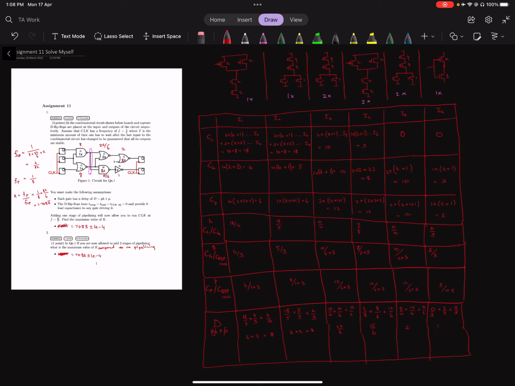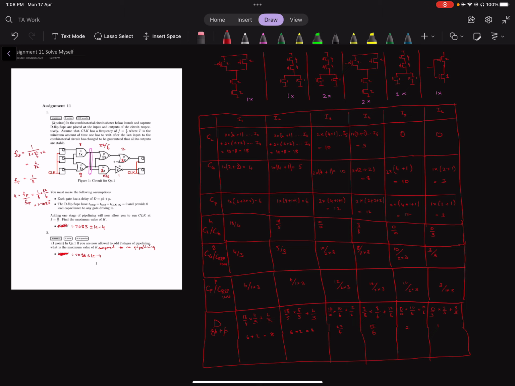In this question, you can see that in figure 1, we have been given a clocked sequential circuit with launch and capture flip-flops. We are given the sizes in terms of 1x, 2x for each of the gates.